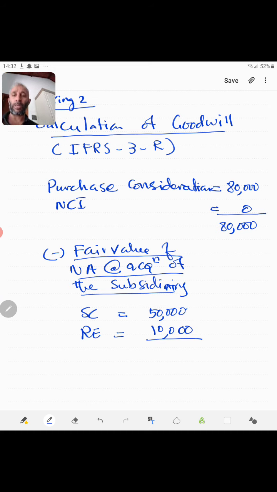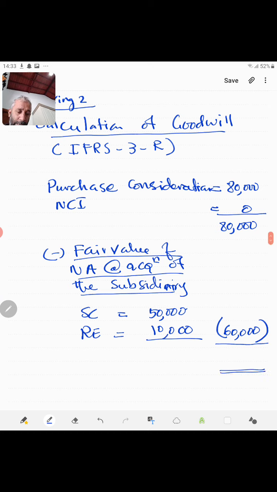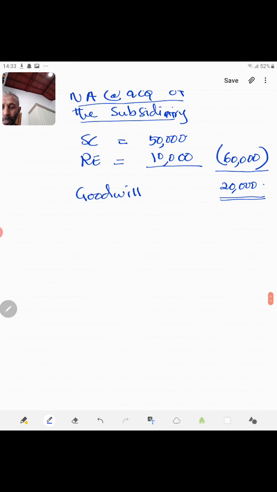Now we take the total of these two, that will amount to 60,000. So you subtract this, then you arrive at the goodwill. The goodwill is then 20,000.